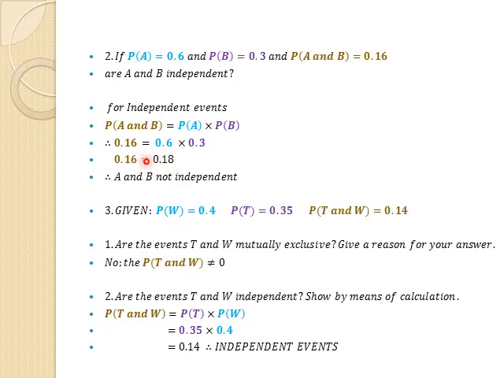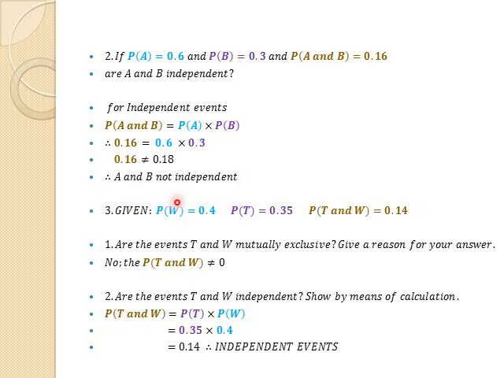So 0,16 is not equal to 0,18. So A and B are not independent. We can say A and B are dependent events. So when two events are not independent, they are dependent.